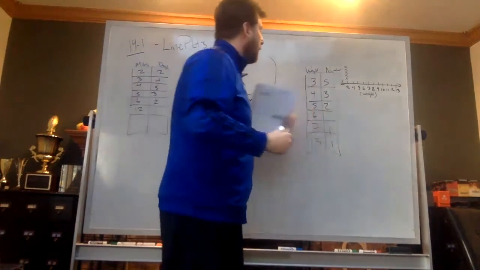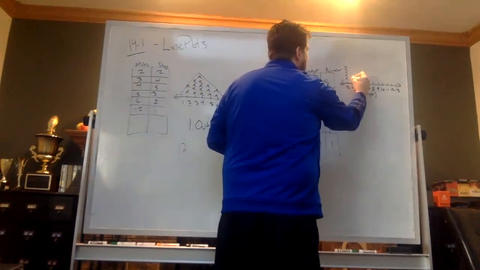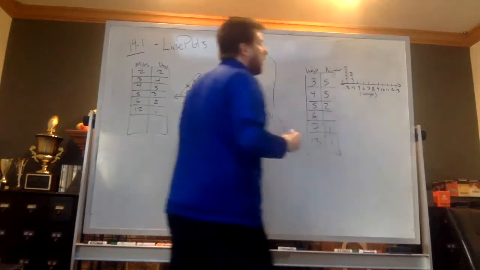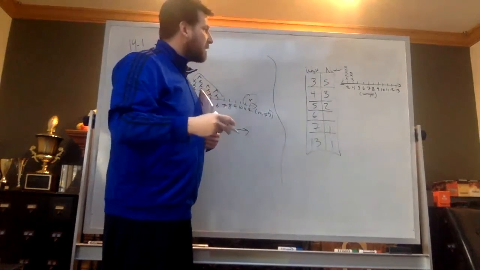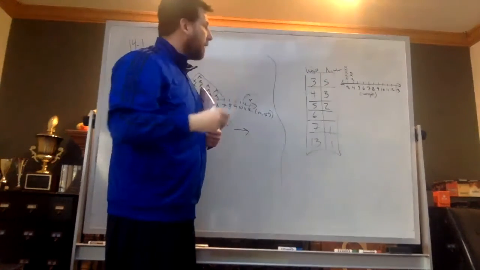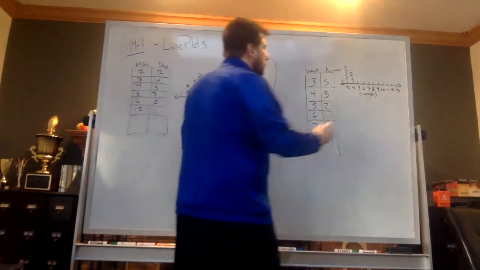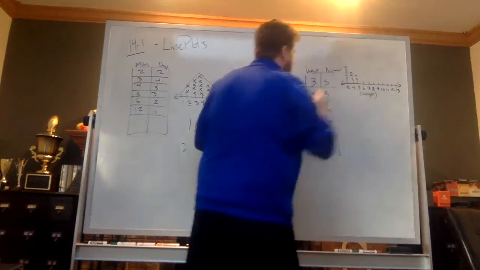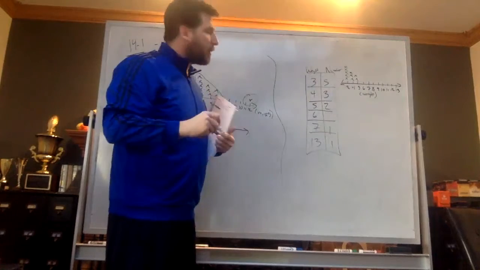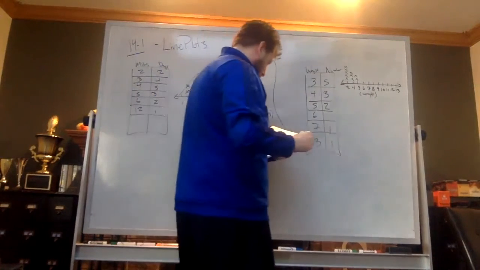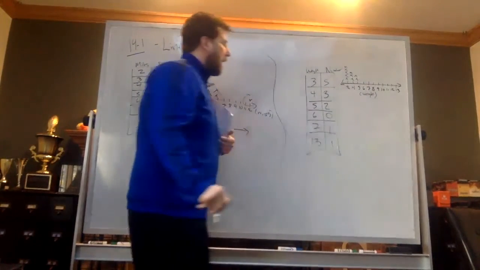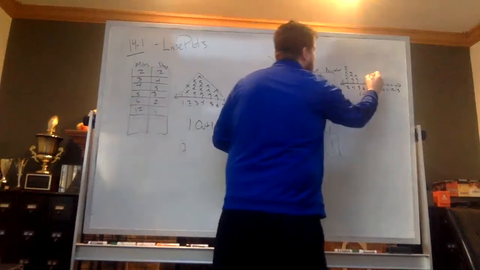Now, we have 3 puppies that weighed 4 pounds. 1, 2, 3. Again, noticing that I'm using the same size X's so you can see, okay, 3 is a little bit bigger than 4. For 5 pounds, we have 2. 1, 2. For 6 pounds, we have 0, so we wouldn't put any, right? Yep. And for 7, we have 1.